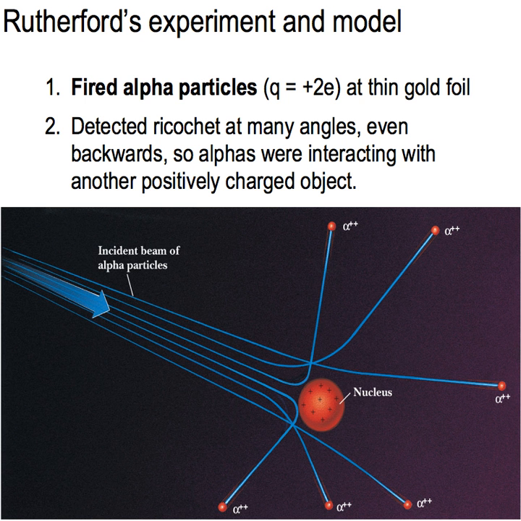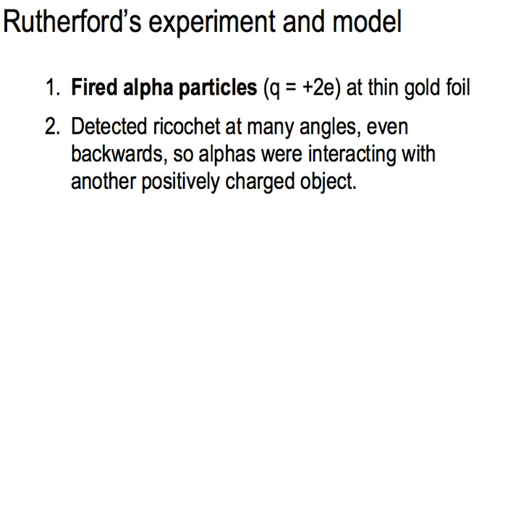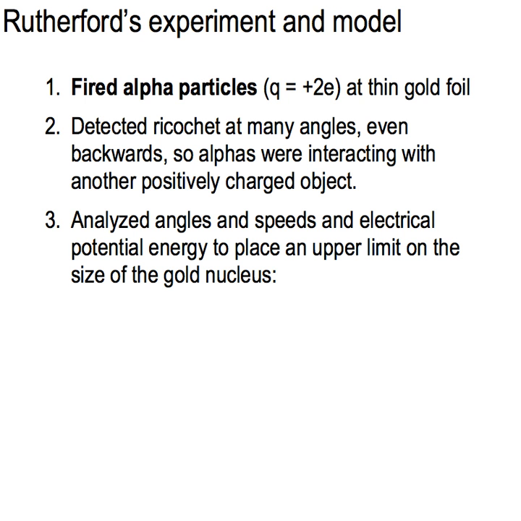They didn't know that there was such a thing as a positively charged part of it. They thought the whole thing was kind of like a little blob of green jello that was electrically charged positive, with little teeny electrons embedded in the jello. So anyways, they looked at all those ricochet angles, and then they analyzed the angles and figured out the speeds.